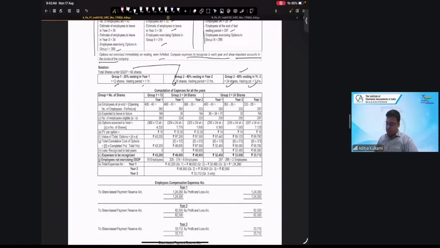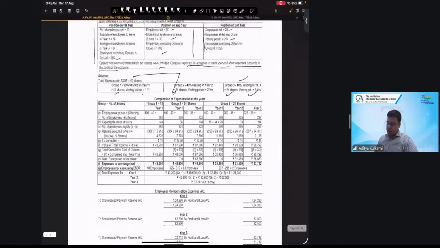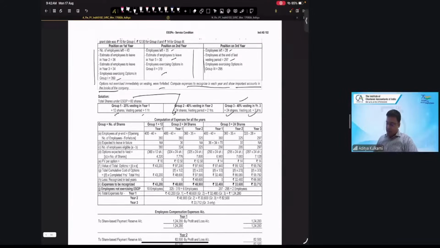Now year 1, number of employees 400, number of employees left 40, so 360. So 360 is there for all year ones, right? 360, 360, 360. Next, expected to leave in the future. For group 1, it is irrelevant because vesting period is only 1 year itself.